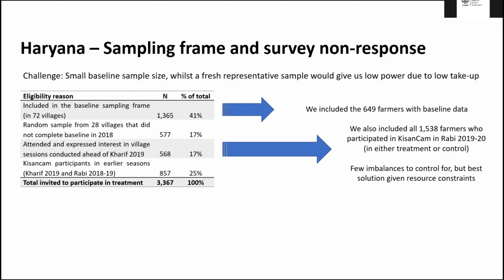So with that, we only had 649 farmers completing the baseline data in those original 72 villages. And then we decided to go to an extra set of villages and expand it to 100 villages.